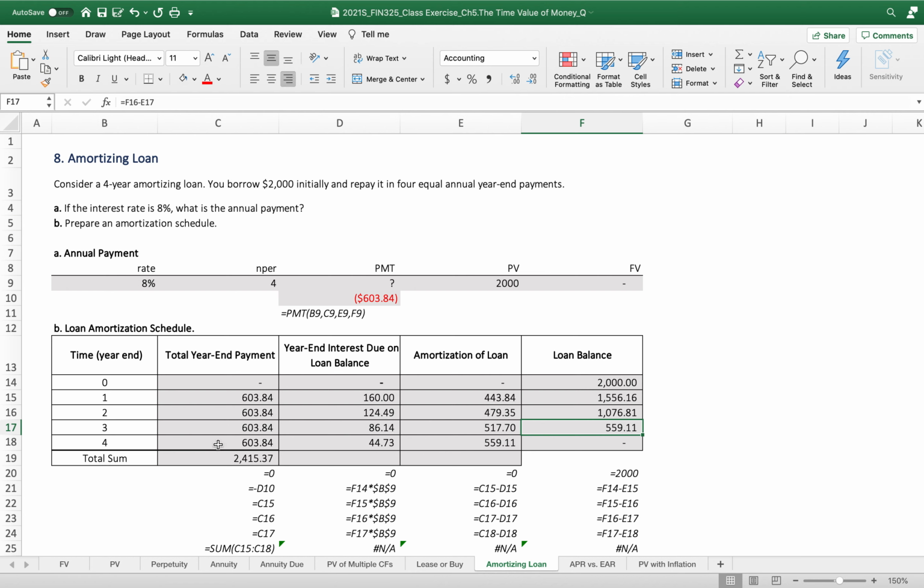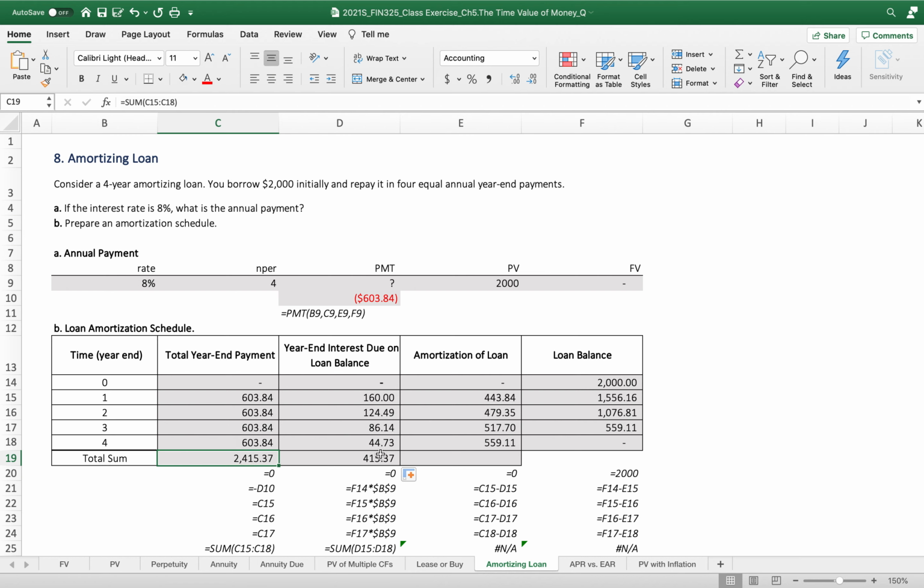Okay, in the same way, for the last year after payment, the interest is based on the last balance times 8%, and then the amortization of the loan is calculated like this, so that this borrower doesn't have any loan balance because the full amount, 603, was paid out in the last year. So let me just calculate one more time the sum of the interest, 415, out of 2,415.